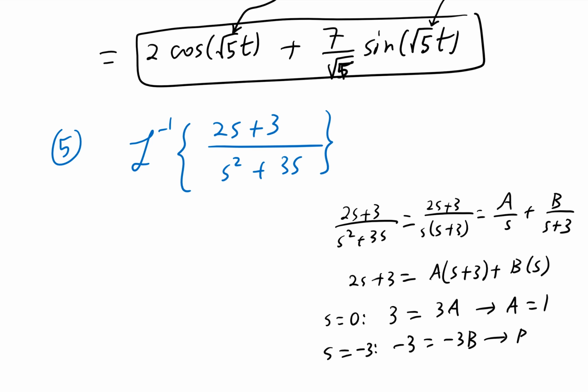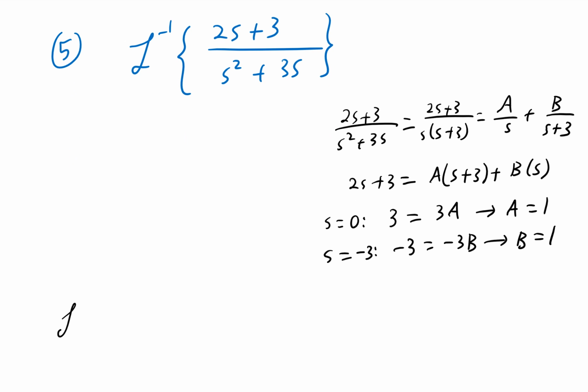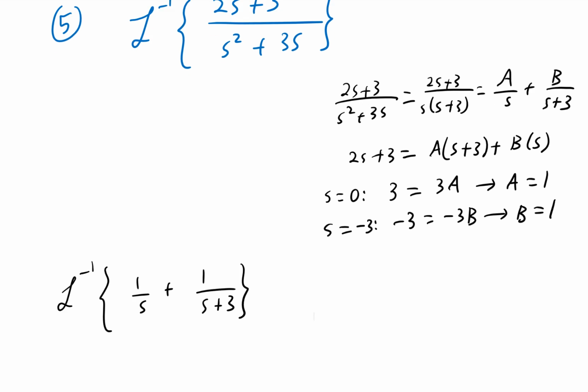So b is also 1. So I can go back to that inverse Laplace and rewrite the function 2s plus 3 over s squared plus 3s as a over s, so 1 over s, plus b over s plus 3.